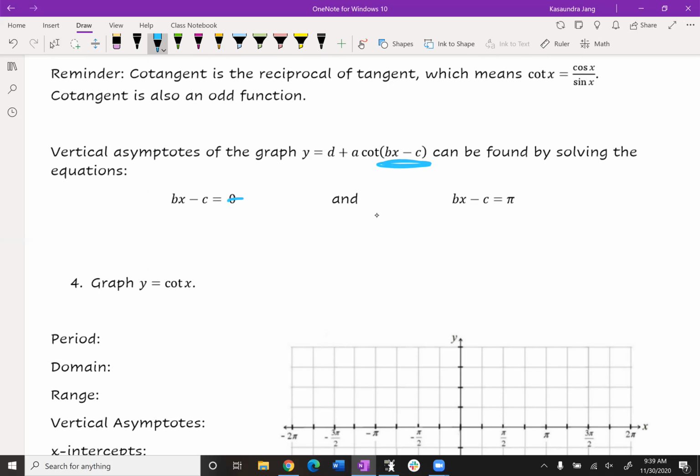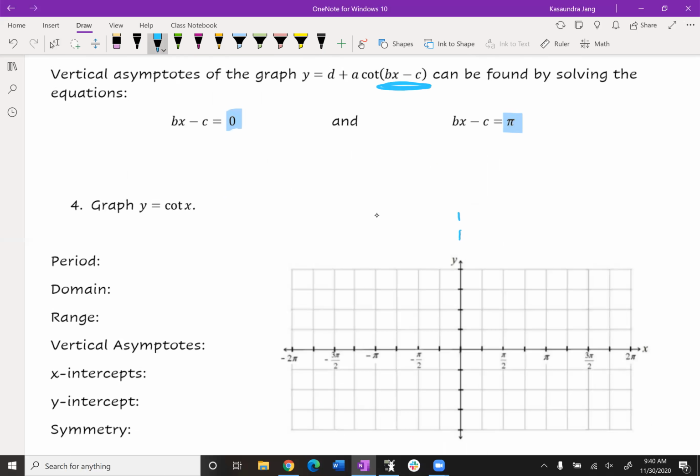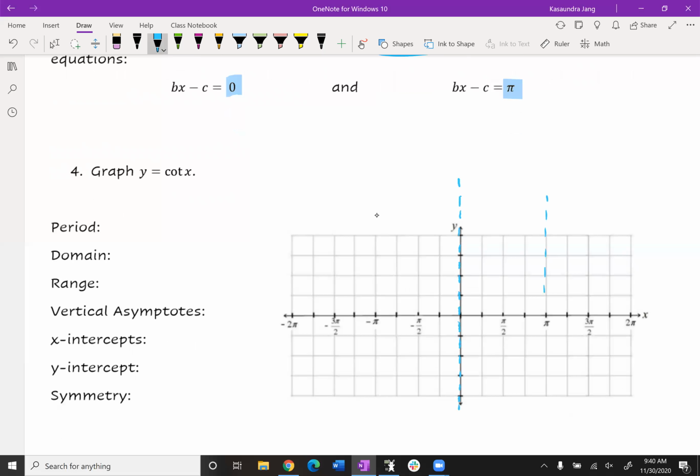Oops. Set it equal to 0 and pi. The original asymptotes are at 0 and pi. So here's 0, like right on my y-axis. Got an asymptote there. And then at pi, an asymptote there.